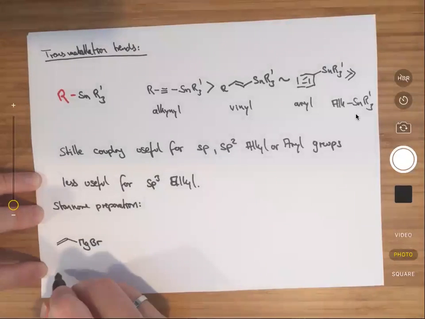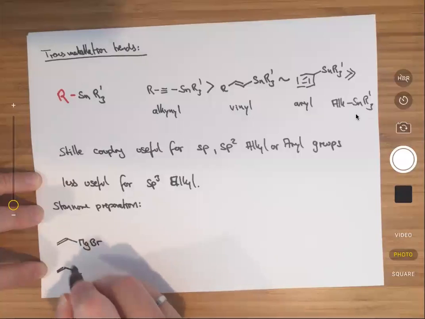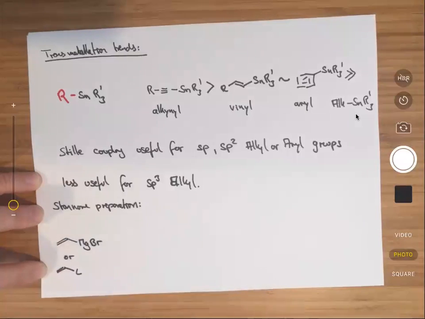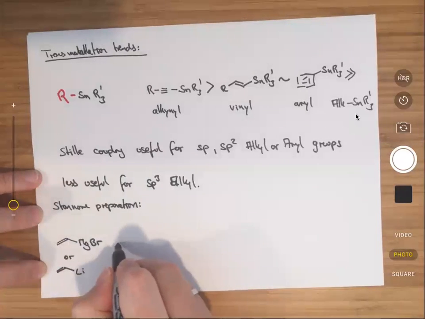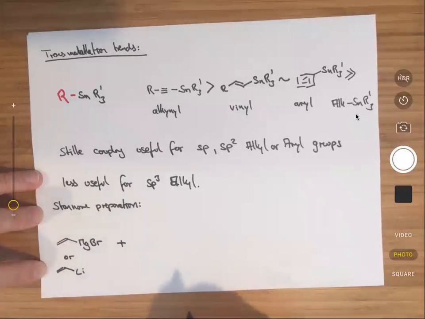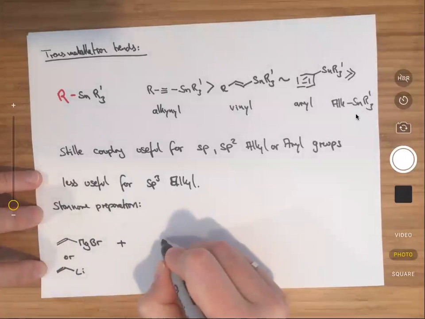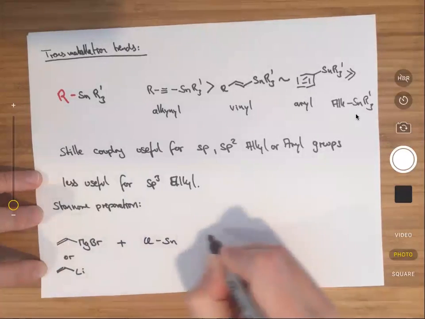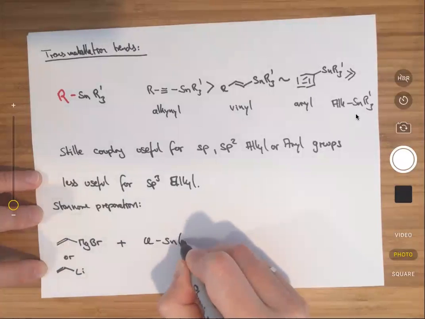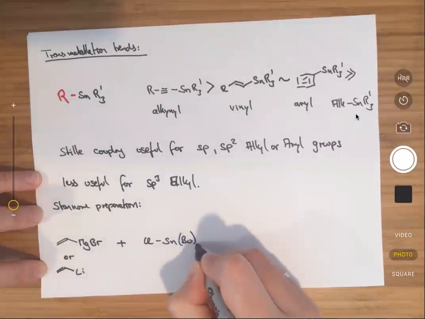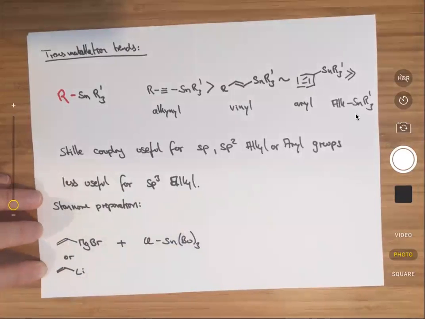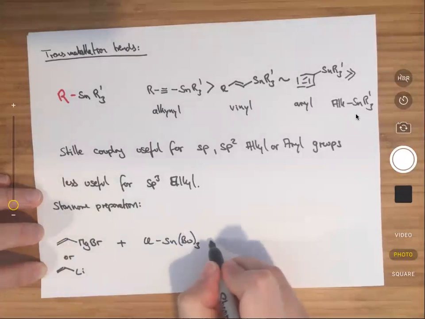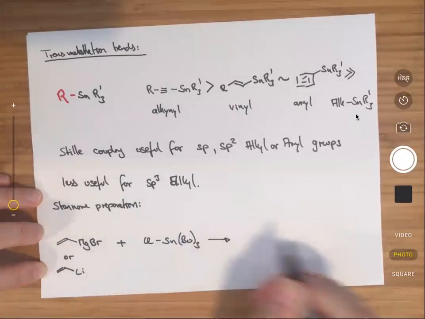Or, for example, you could also use an alkyl lithium reagent, that's more or less the same. It works exactly the same. And then you treat this with a stannane precursor, and usually these are some trialkyl stannyl chlorides. So something like this. And let's say a commercial one is, for example, this tri-n-butyl stannyl chloride. And that basically just does a simple transmetallation.